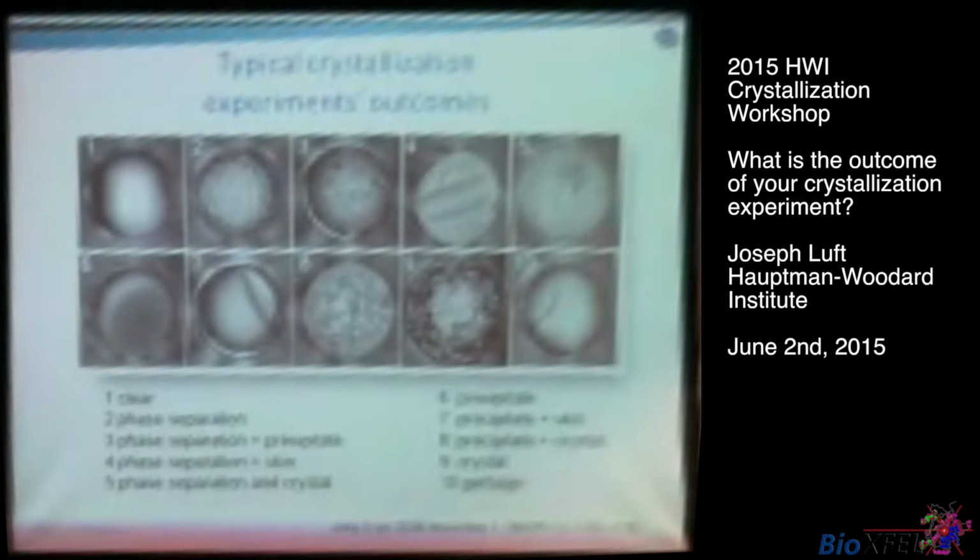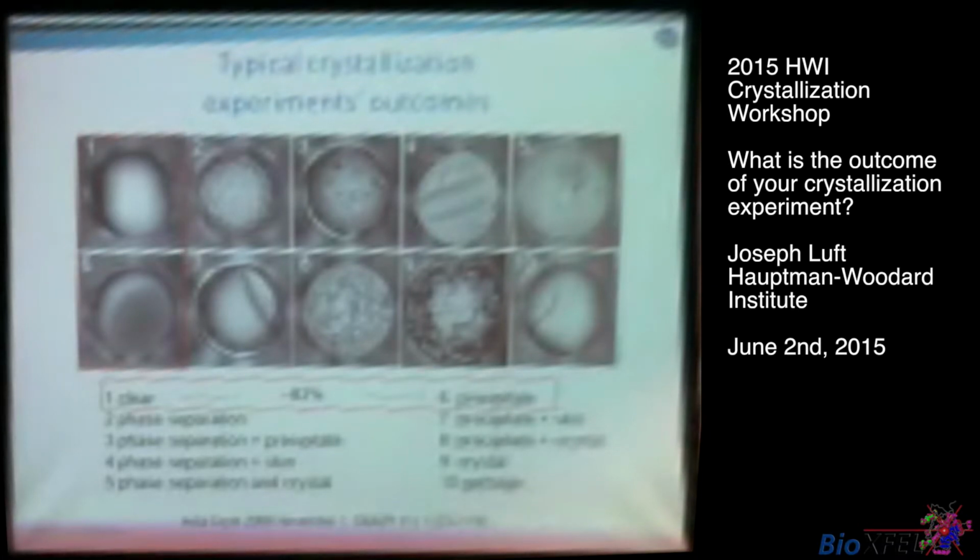And we came up with this distribution of the most common outcomes. It turned out to be pretty interesting because from all these proteins that were set up, about 40% of them produced clear drops, and another 40% produced precipitated drops. So only about 20% produced some other outcome that fell in between that was going to be interesting from the point of view of crystallization.